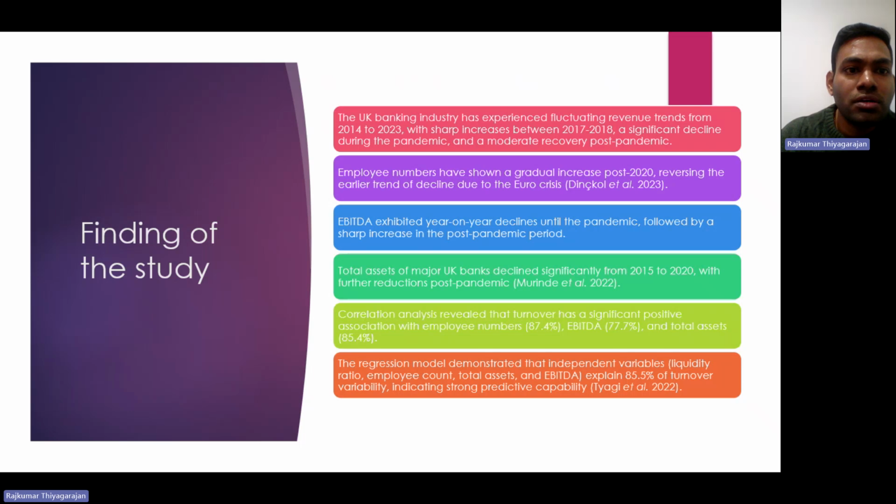Total assets saw a continuous decline from 2015 to 2020, with further reduction post-pandemic. Correlation analysis confirmed that turnover has a strong positive association with employee count, EBITDA, and total assets. The regression model suggests that the selected independent variables can predict turnover with 85.5%.